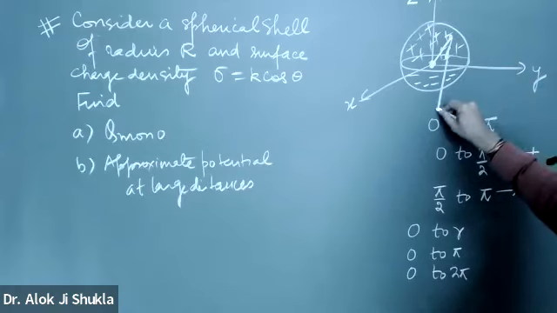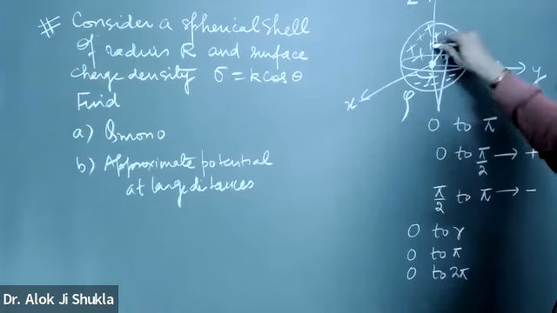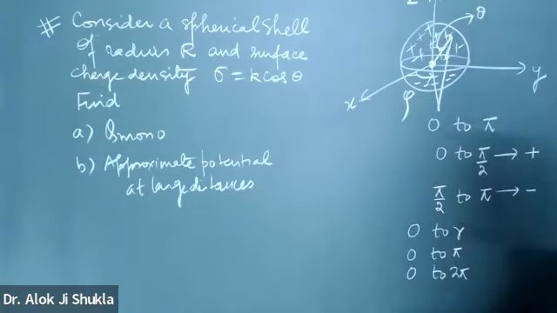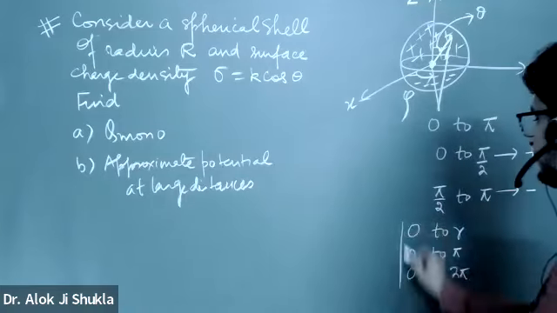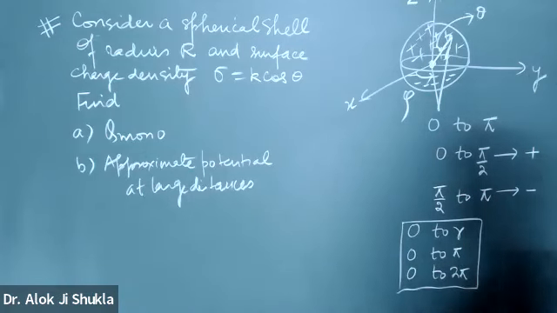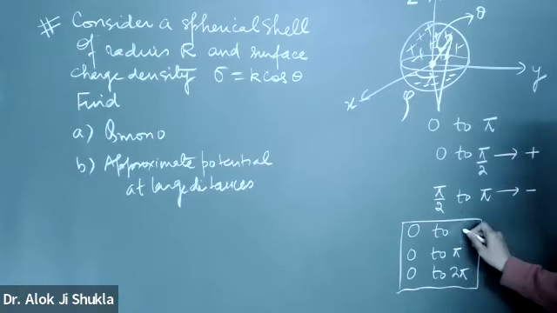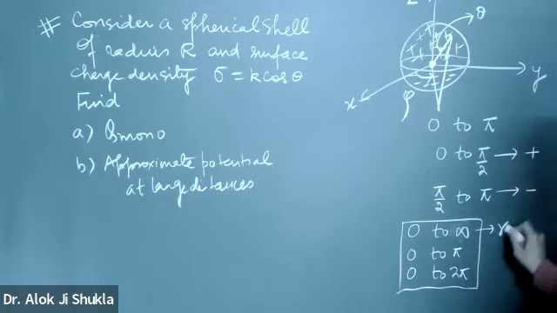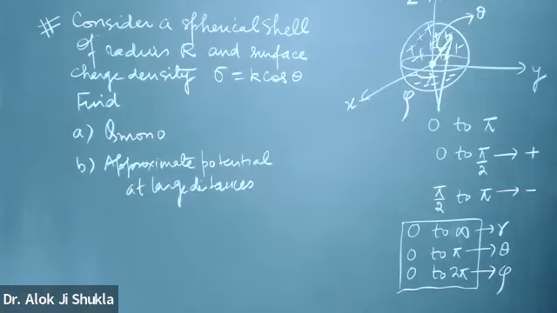And this angle that you make with x-axis is phi and this angle is theta. So these are the limits. अगर total limit लेनी है तो r will run from 0 to infinity, theta will run from 0 to pi and phi will run from 0 to 2 pi. This is what? Spherical polar coordinate.